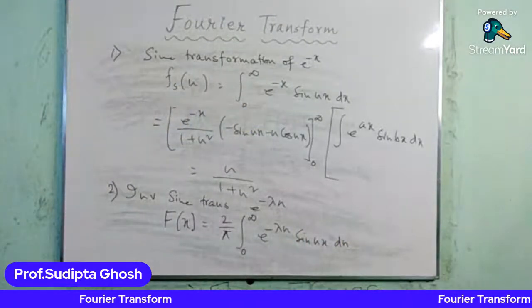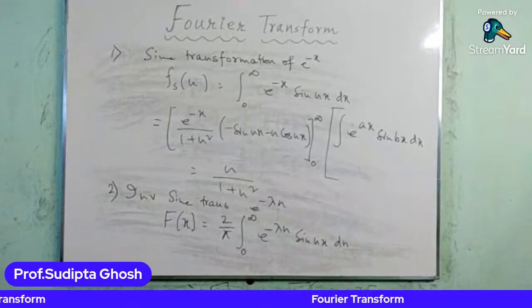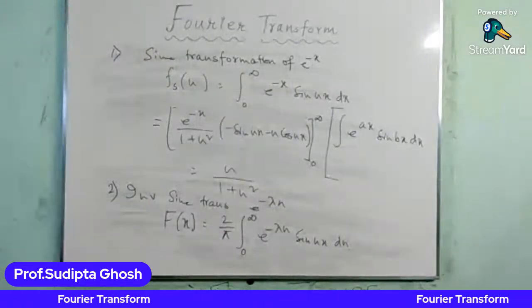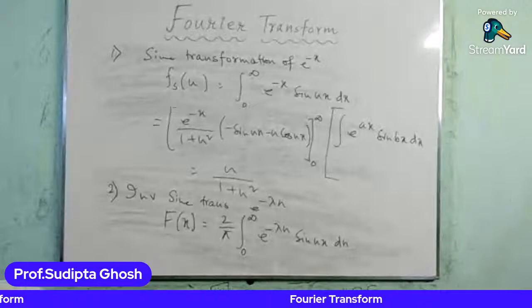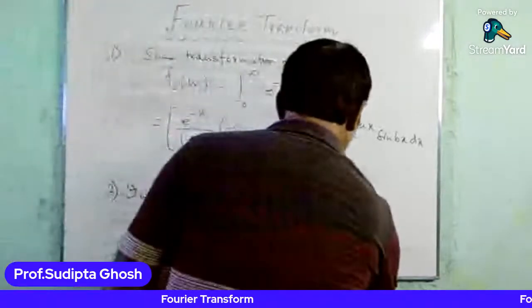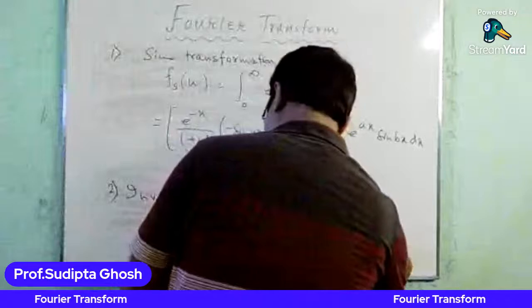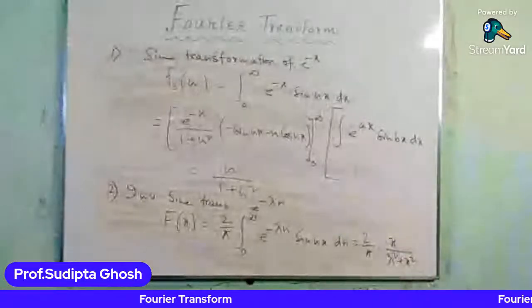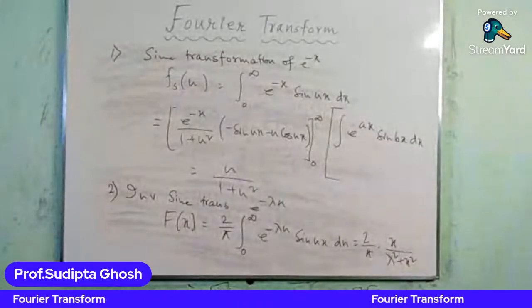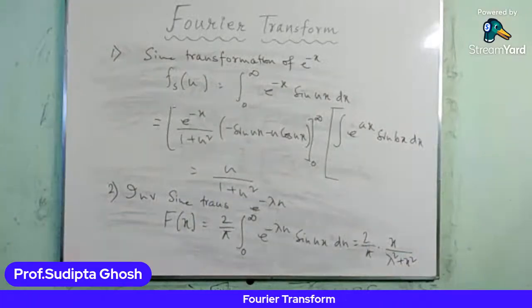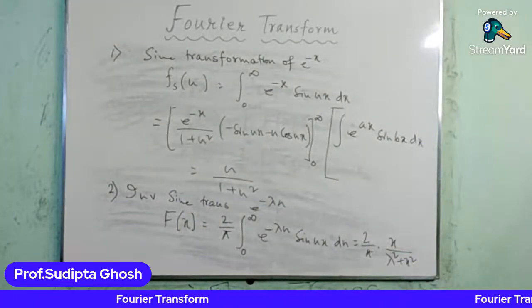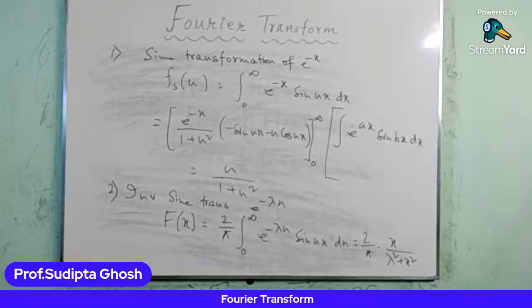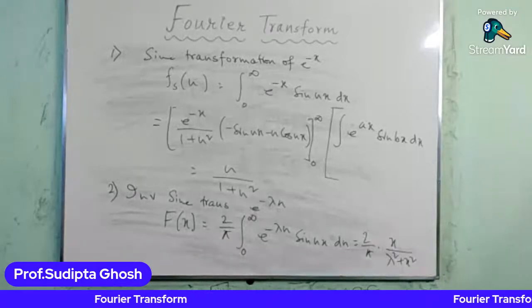The function is given as n, so the integration should be done on dn, and again by using the same integration form, after putting the upper and lower limits, we have the value 2 by pi into x by lambda square plus x square. This is the way we have to find the Fourier transform or the inverse Fourier transformation.